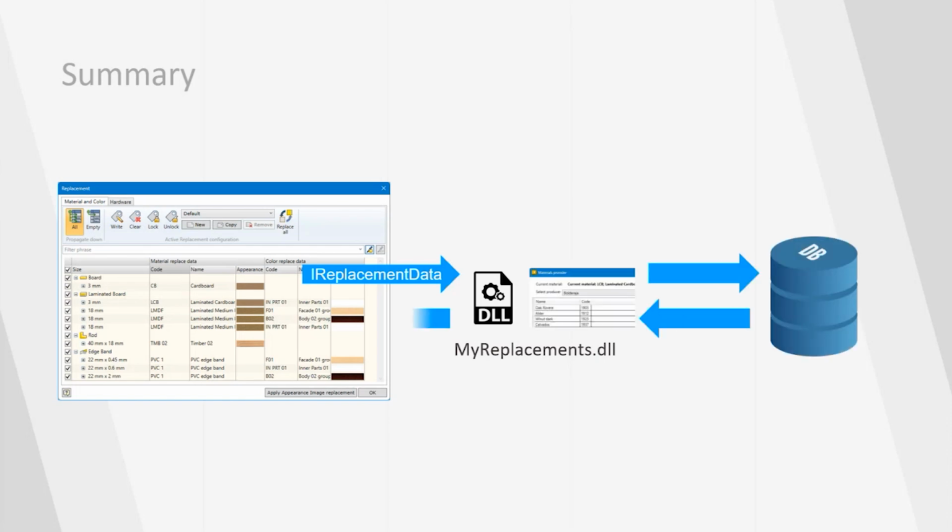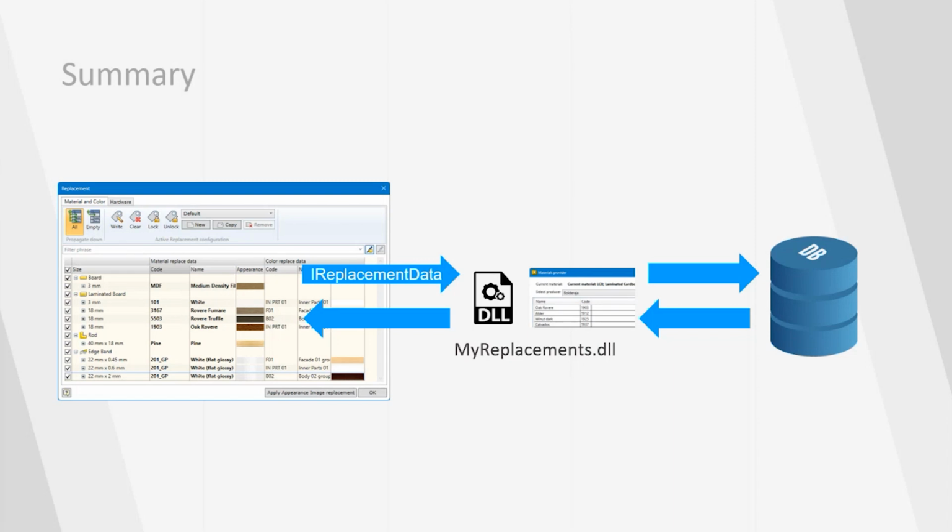Then we implemented communication to a Microsoft Access database. It can be any system, any other database, not SQL, not Microsoft, doesn't matter. Basically, it's a third-party system. And we successfully provided materials from our system to Woodwork for Inventor. Now the user can interact directly with the primary material source.